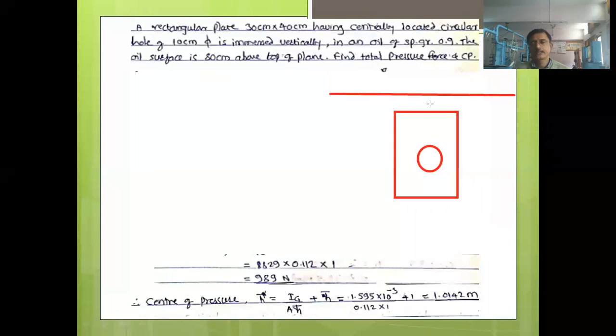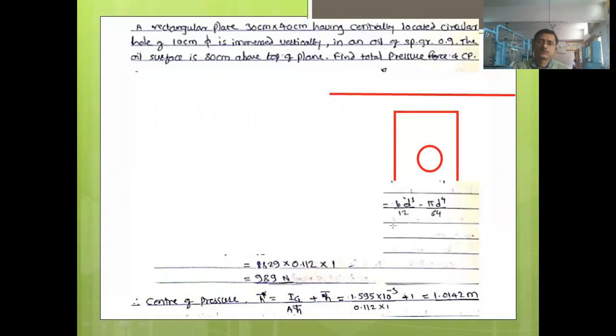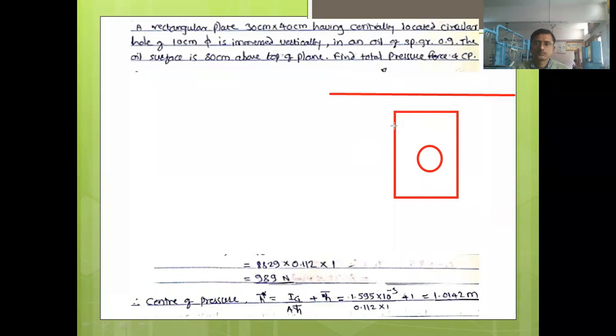Now how will you draw the diagram? You have to draw it like this. Mention the height.